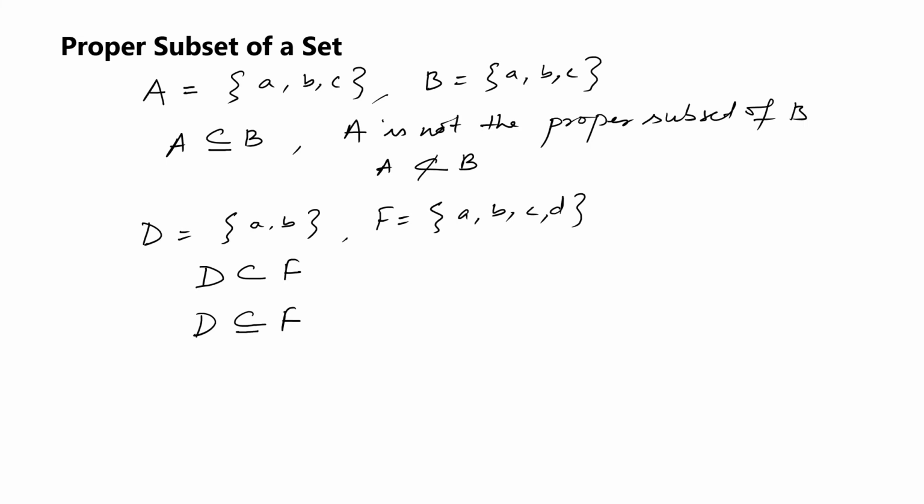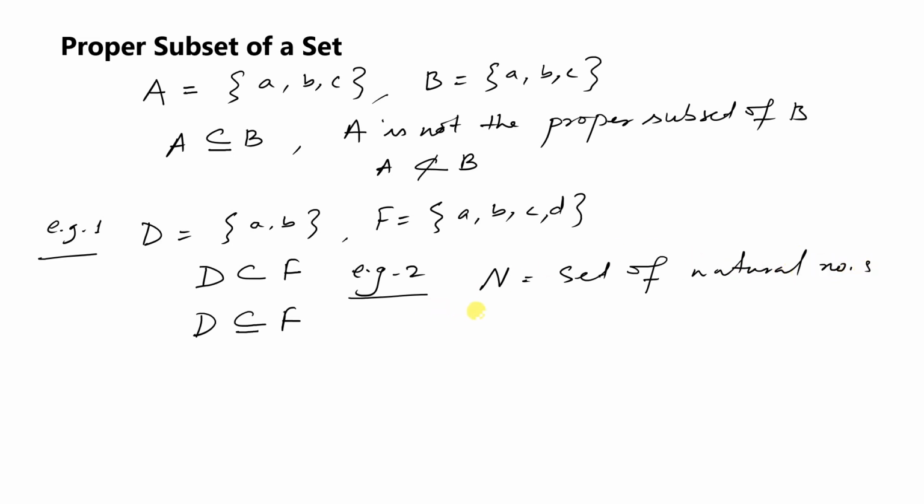Okay, so one more example. Let's suppose N is the set of natural numbers, and E is the set of even natural numbers.